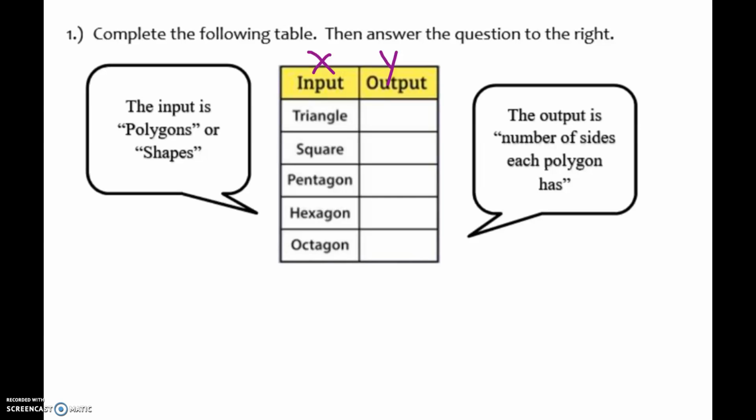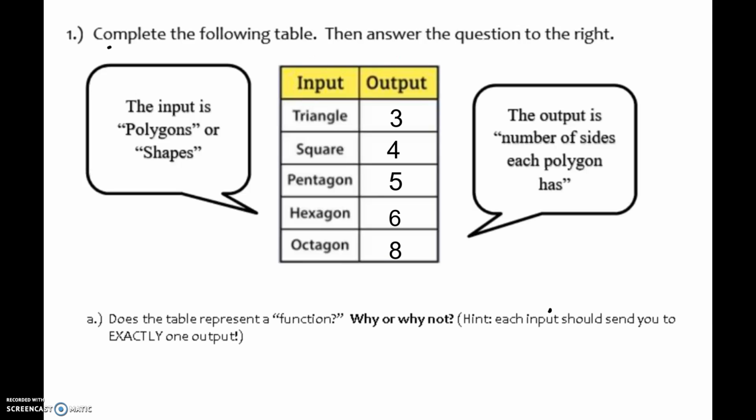Push play when you're ready to see the answers. Hopefully you got 3, 4, 5, 6, and 8 as your answers, because a triangle has 3 sides, a square has 4 sides, pentagon has 5, hexagon has 6, and octagon has 8.